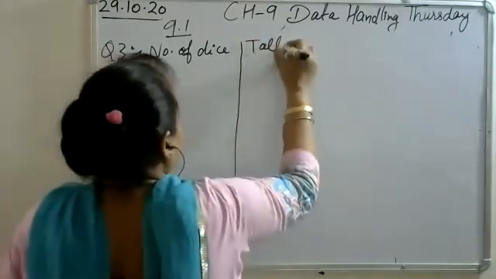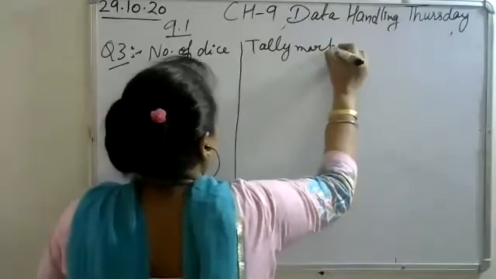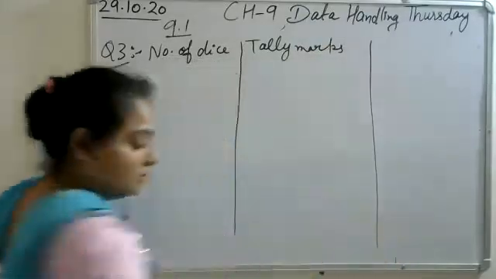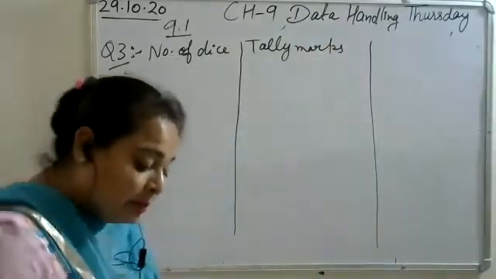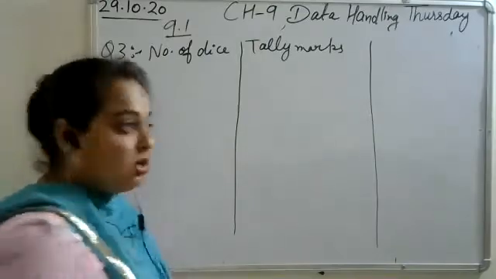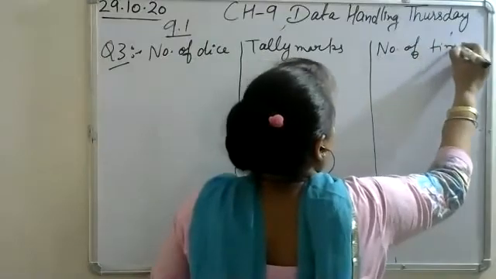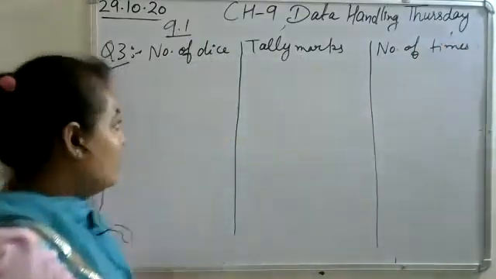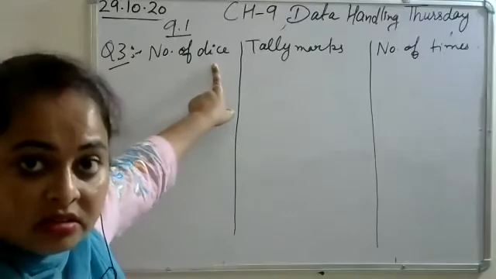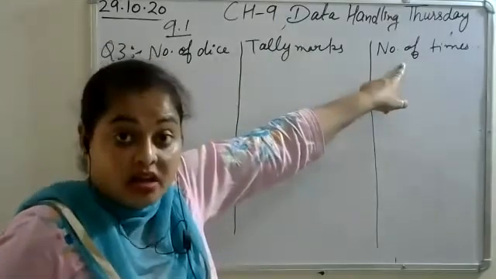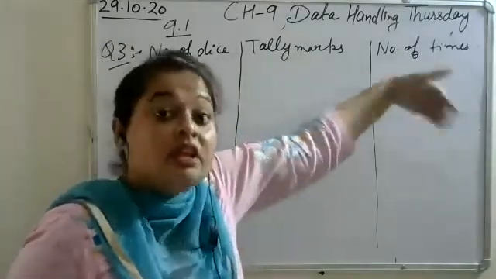Then tally marks. After that, number of times, repetition. Number of times means दाई का नंबर कितनी बार आएगा.